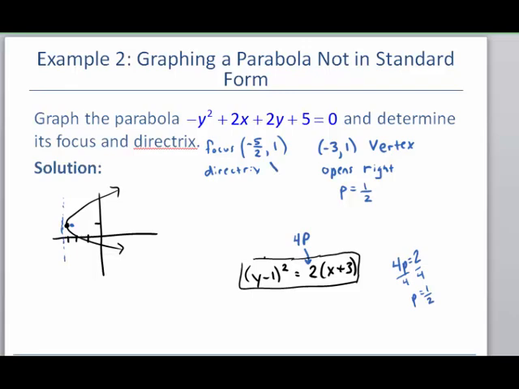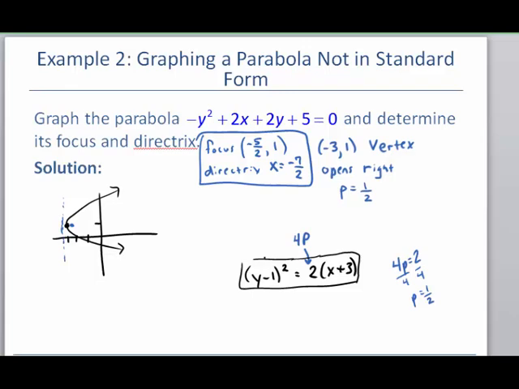So it's going to start out x is equal to, as all vertical lines do. And what is x equal to? Well, we know that we were at -3 when we were at the vertex, and then we went an additional 1/2. So -3.5 or -7/2. All right, so now we have found the focus and the directrix as they ask.